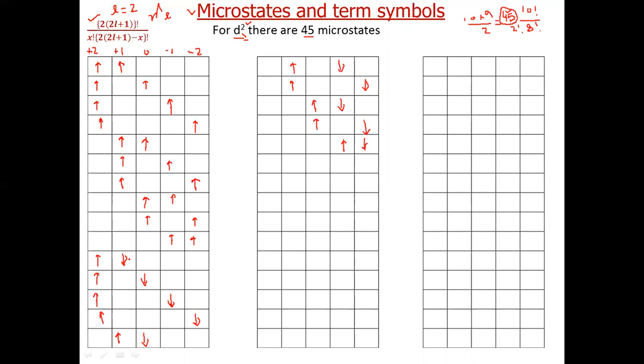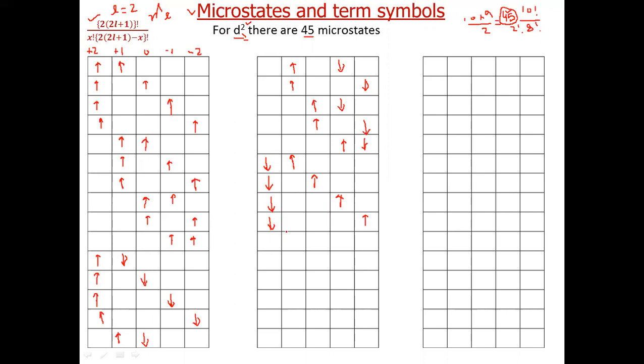Now take the reverse case: first electron downward spin, second electron upward spin. Now this downward, this upward, this downward. Now keep moving this electron to the right. This upward, this downward, this upward, this downward, this upward.